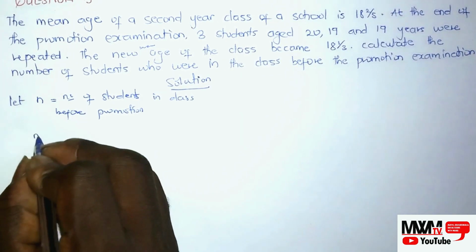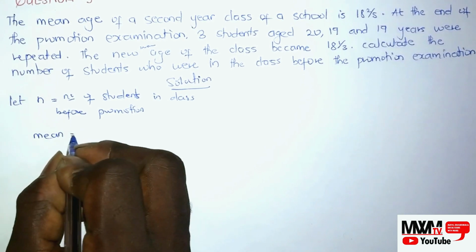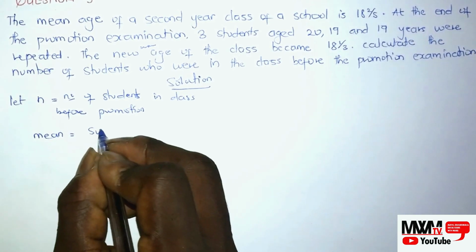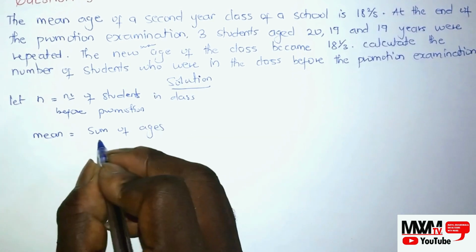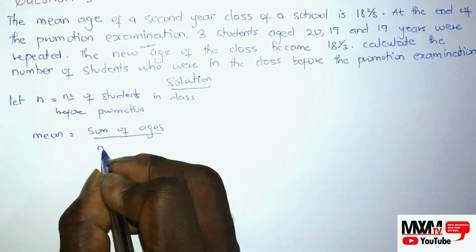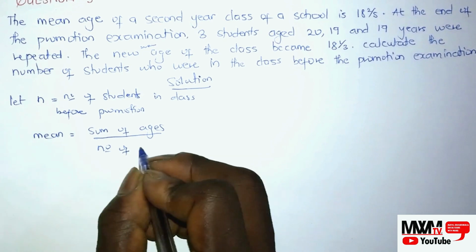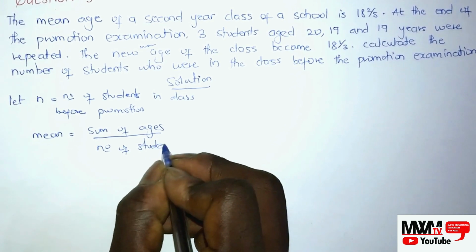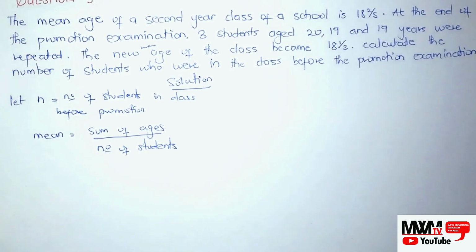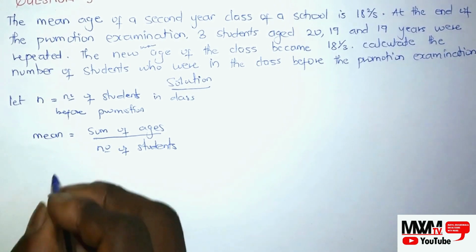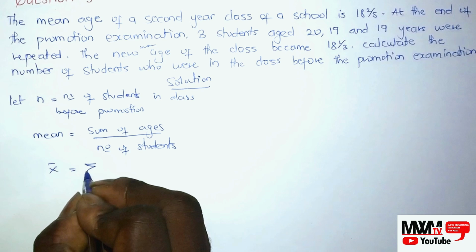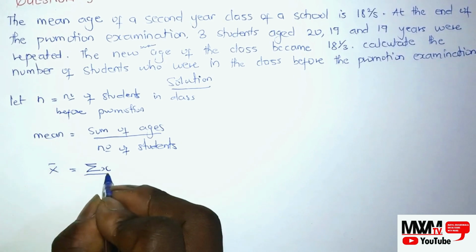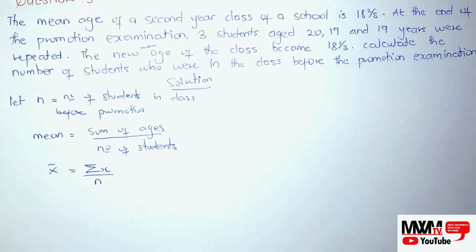Now we know that mean will be equal to the sum of the ages divided by the number of students. So from here we can use x bar for the mean is equal to the summation of x divided by n.